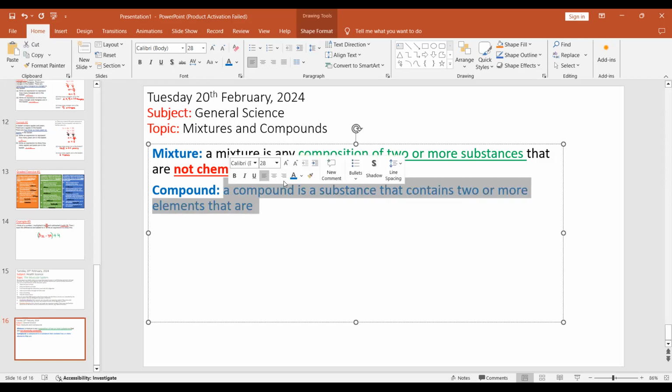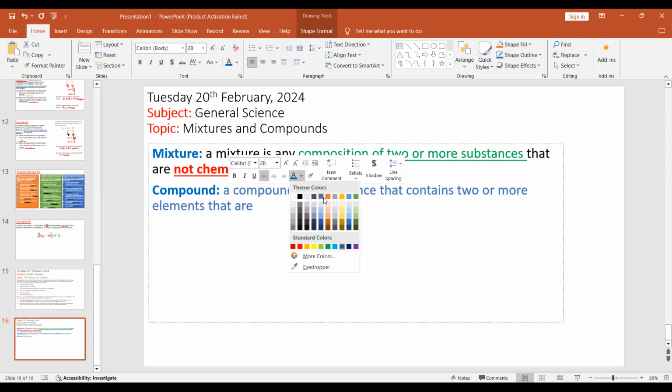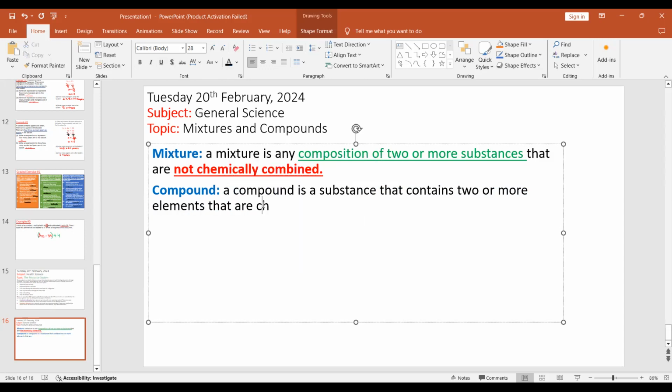Chemically combined. Very good. 2 or more elements that are chemically combined. So which one has the substances chemically combined, mixtures or compounds? Compounds, very good.